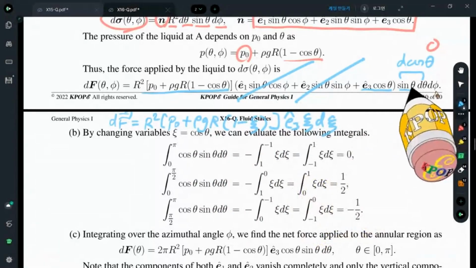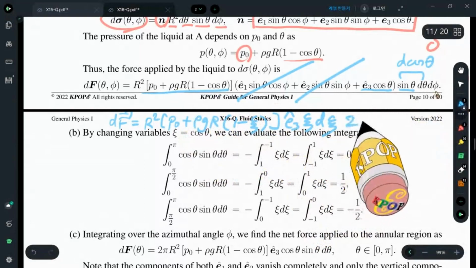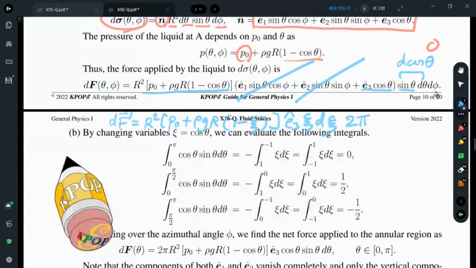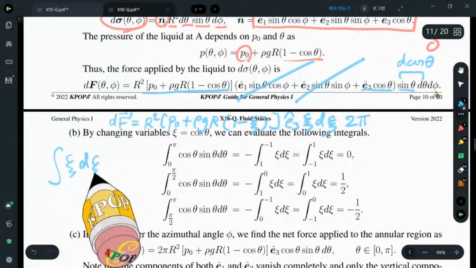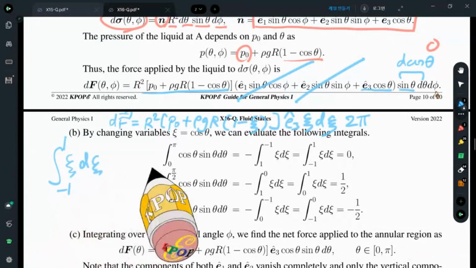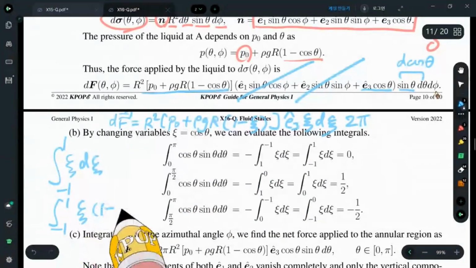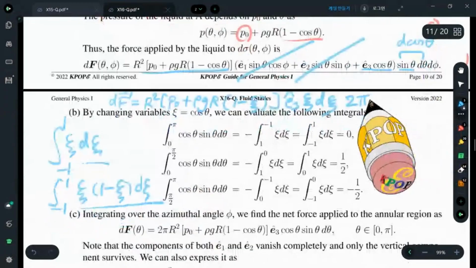And the phi integral, here phi dependence doesn't appear. The phi integral is just a trivial integral giving 2 pi. So what I really have to do is the integral of c dc from -1 to 1. A high school student can do this integral. And another integral is another trivial integral like this. If you can evaluate this, everything is well done.